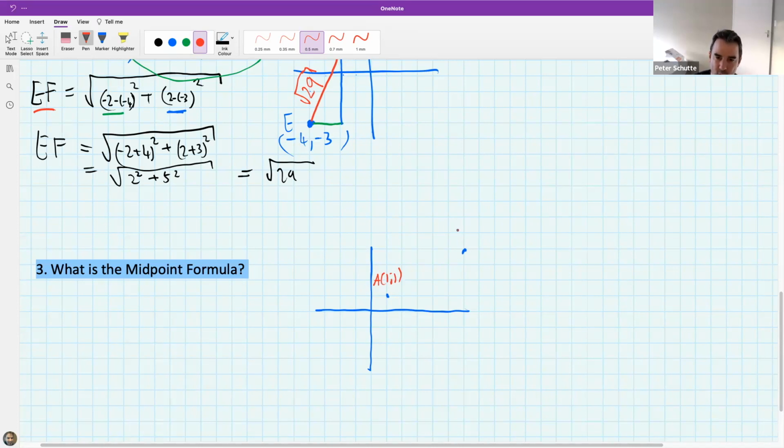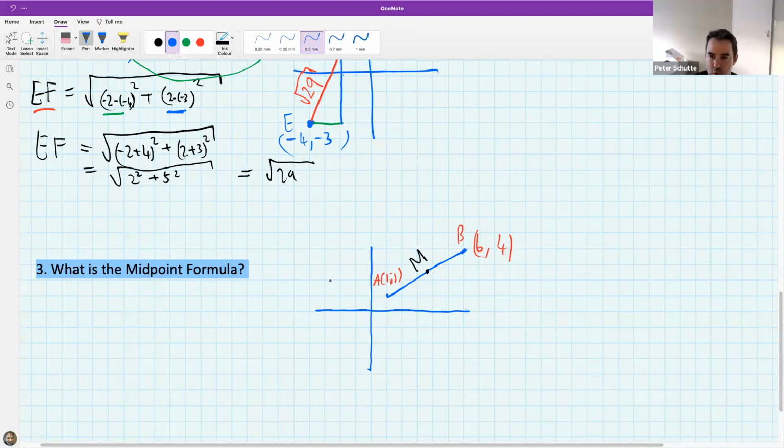And then we'll call the coordinate up here B, and this looks like 6 across, so 4 up. If instead of finding the distance between these 2 points, I want to find, we'll say the point M, which is in the middle, exactly halfway in the middle.